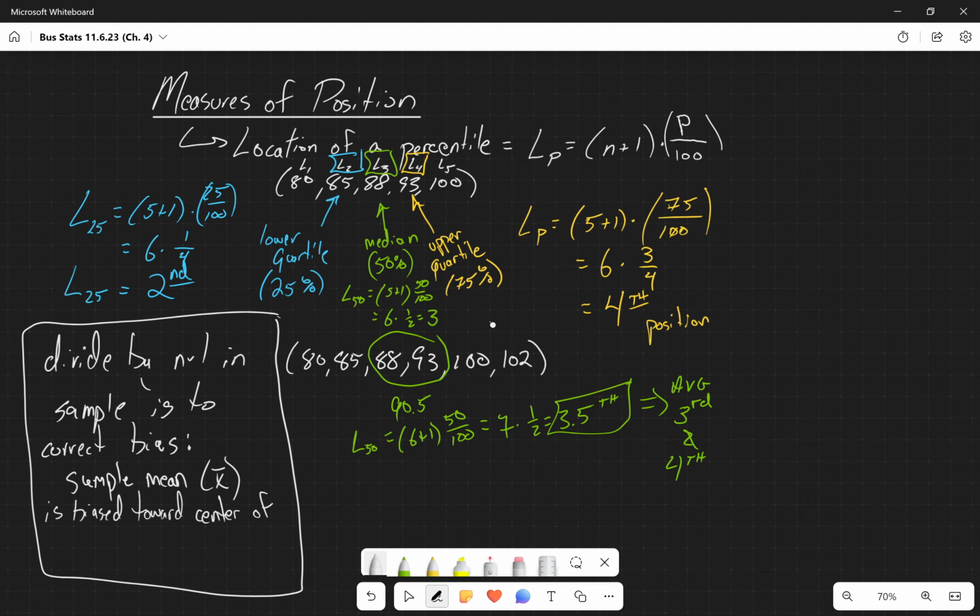Because statistically you're more likely to pick things around the median. When you take a sample, you're more likely to get less of a spread than if you do the full population. And so your sample mean is going to consistently be biased towards whatever the center of the mass is for that data. So that's why we divide by n-1, to correct that bias.